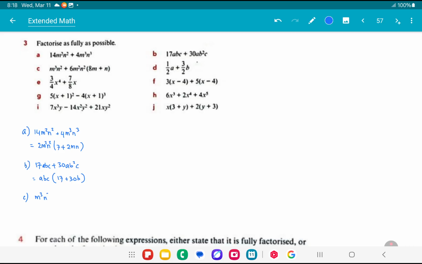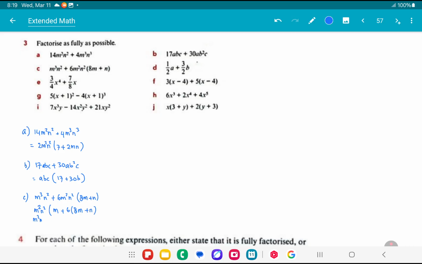For question C, m cubed n squared plus 6m squared n squared, 8m plus n. So we can factorize the m squared n squared. We get m here and 6 multiplied by 6m plus n.